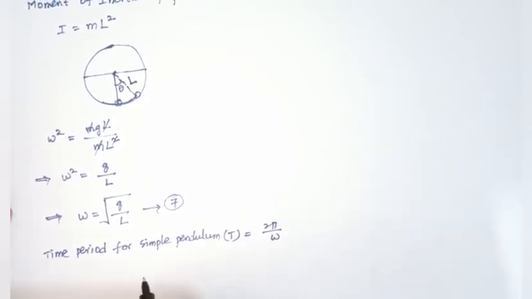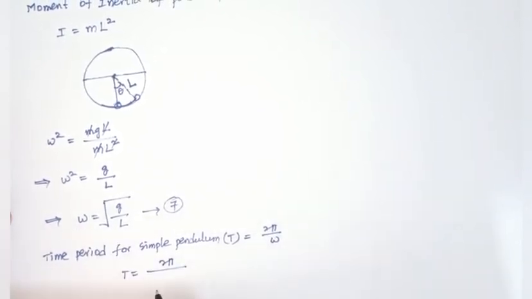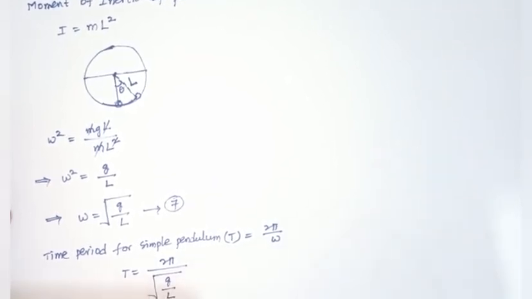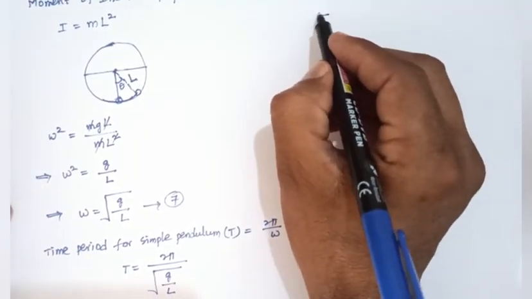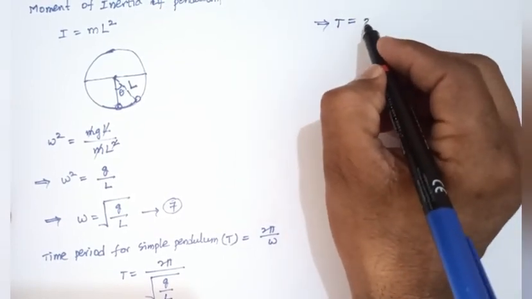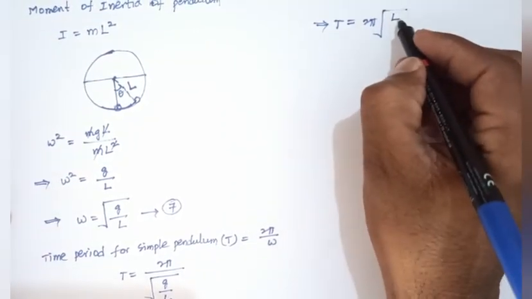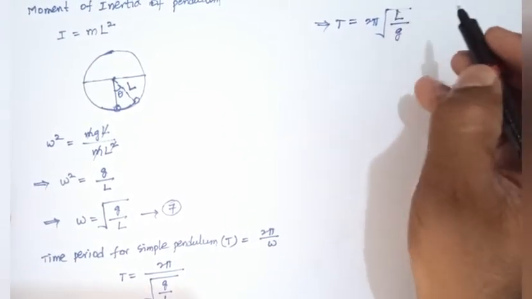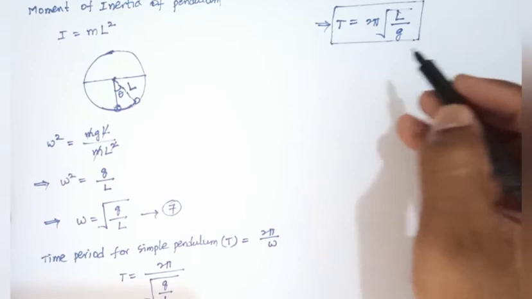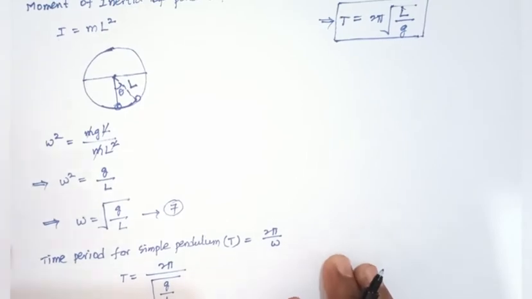Here omega equals under root of g by L. So T equals 2 pi into under root of L by g. The time period for the simple pendulum T equals 2 pi into square root of L by g.